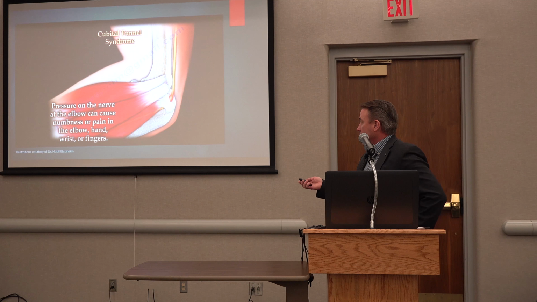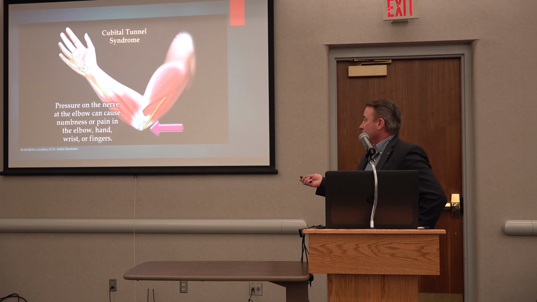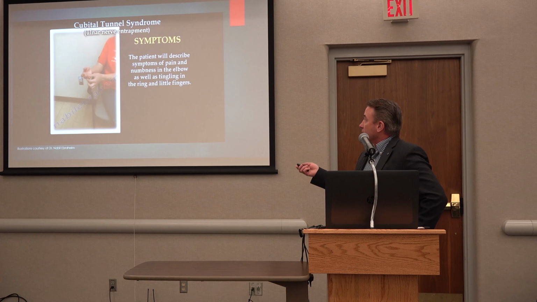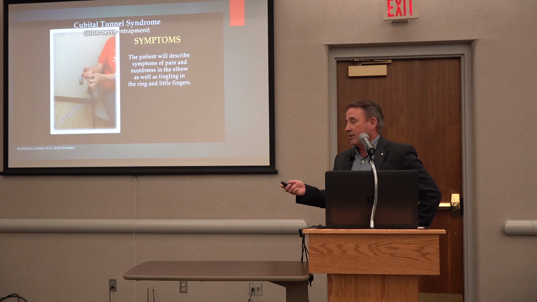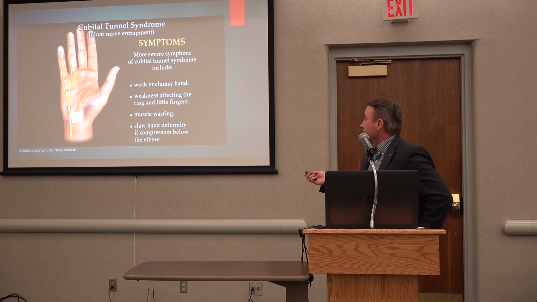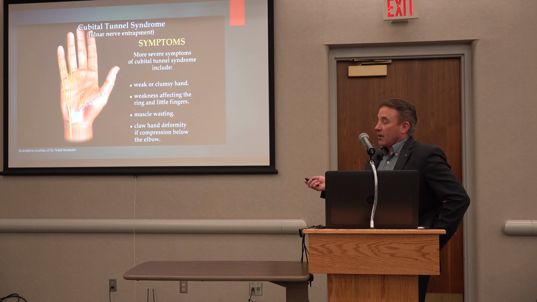So knowing your anatomy, when a patient comes in complaining of numbness and tingling in the ring and small finger, and they complain that their hand feels clumsy, you have to think about cubital tunnel or some type of ulnar nerve entrapment.